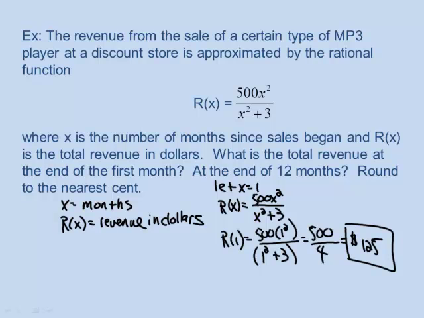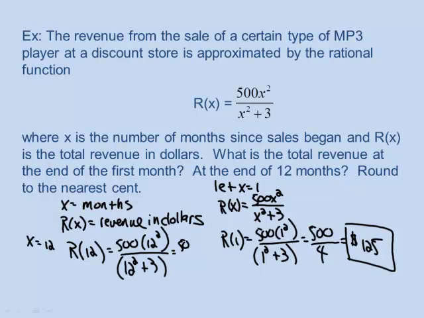Now the second part of this, or the last part of this question, says, what is the revenue at the end of 12 months? So we're going to let x now be 12. So we've got revenue at 12 months is equal to 500 times 12 squared divided by 12 squared plus 3, which gives you 500 times 144 divided by 144 plus 3, which then gives you 500 times 144 is 72,000.